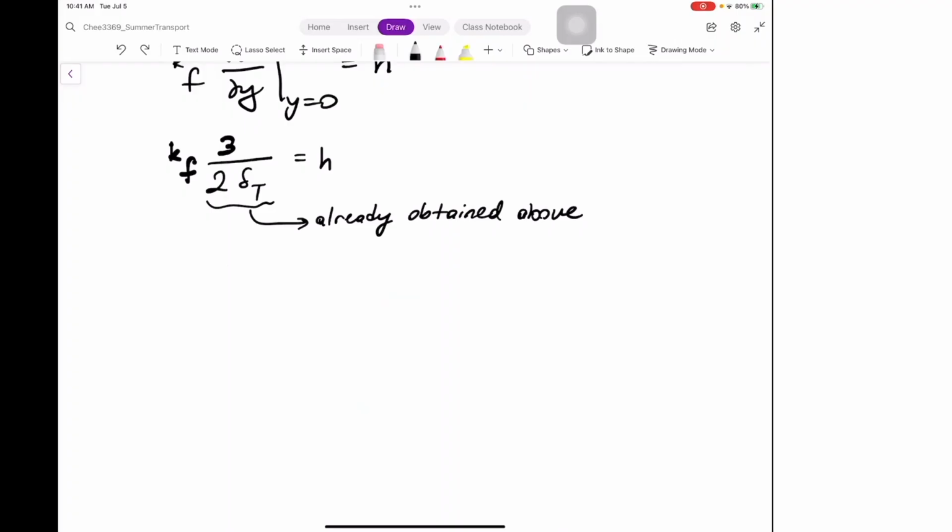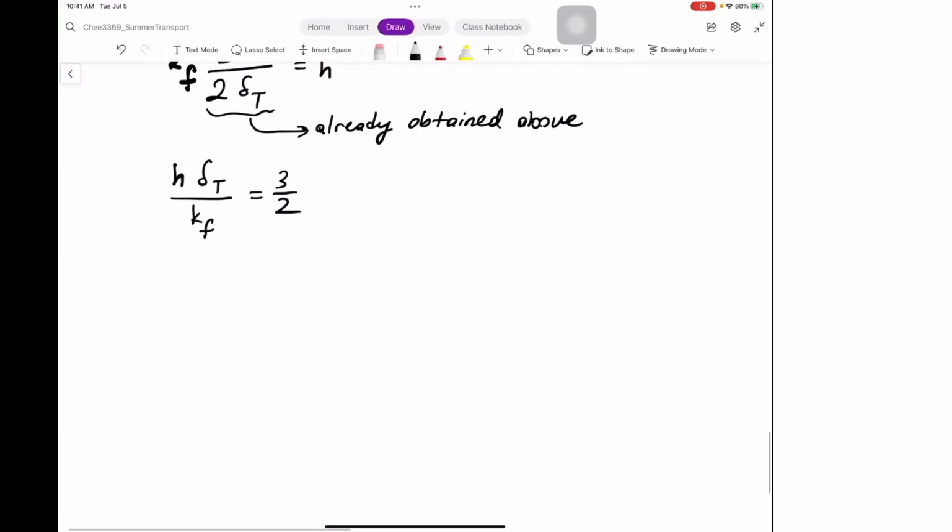So from here, can we get the Nusselt number? Let's rearrange this to get H delta T over Kf is equal to 3 over 2. But the Nusselt number at the point x is h x divided by Kf, which is equal to H delta T over Kf.